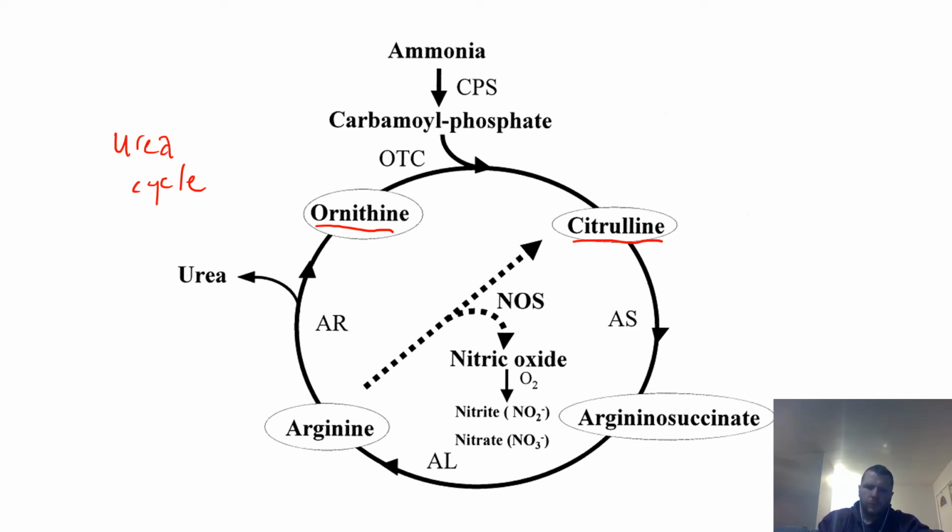Continuing on through that pathway, one of the intermediates in the urea cycle is arginine. Arginine is an amino acid, and as it turns out, arginine can skip across the urea cycle to be immediately converted into citrulline. In that process, one of the things that you're going to produce is nitric oxide. Nitric oxide, NO, is a vasodilator.